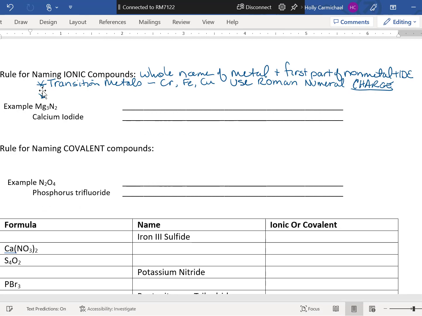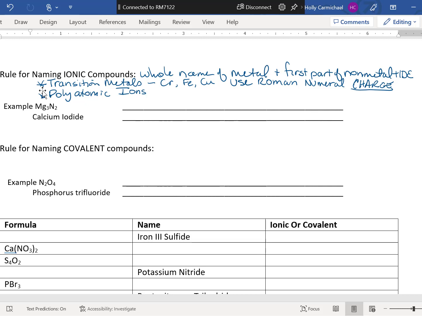The other part is polyatomic ions. These are things like the sulfate, the nitrate, the chlorate, the phosphate, the carbonate, the hydroxide, and the ammonium ion. Those 7. It's just those 7, the ones I gave you in the box. To answer some of these, you may have to find that in your notes.